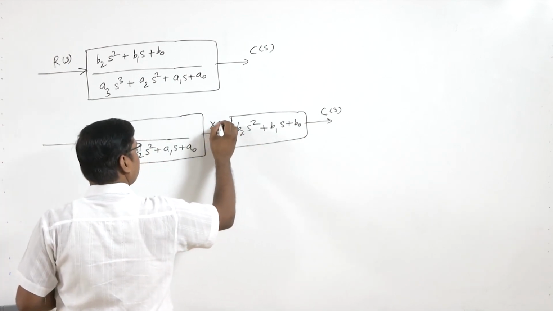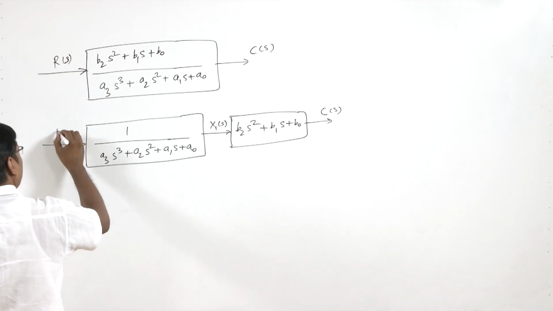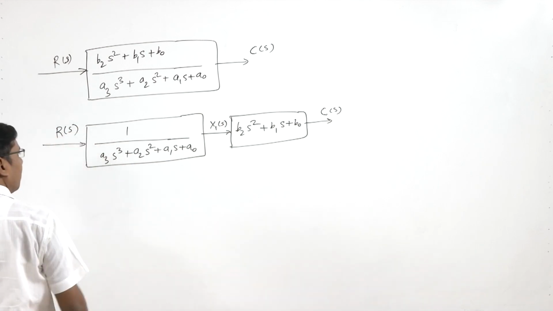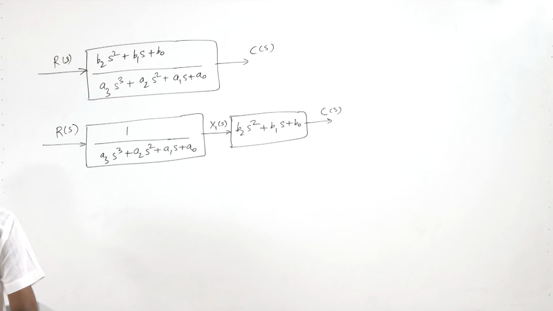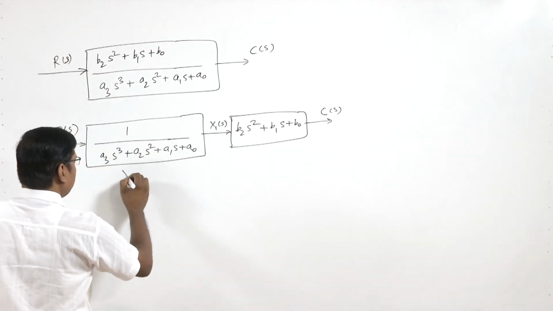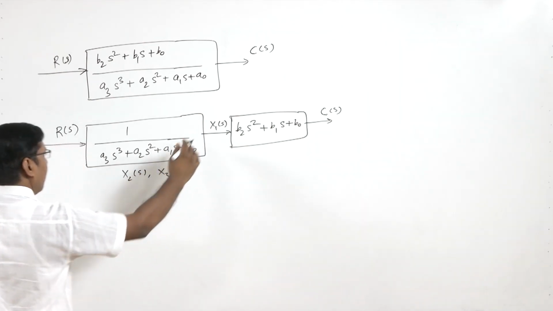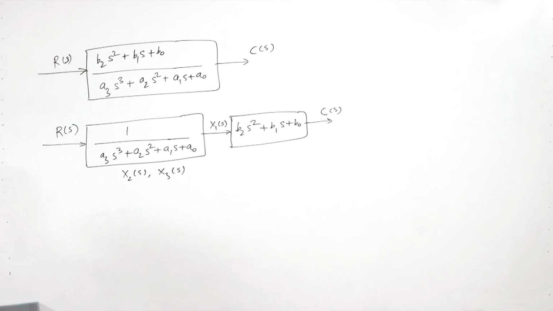Let's say this is X1(s) and this is R(s), and let's say the internal variables here are X2(s) and X3(s), and X1(s) is the output of this part.